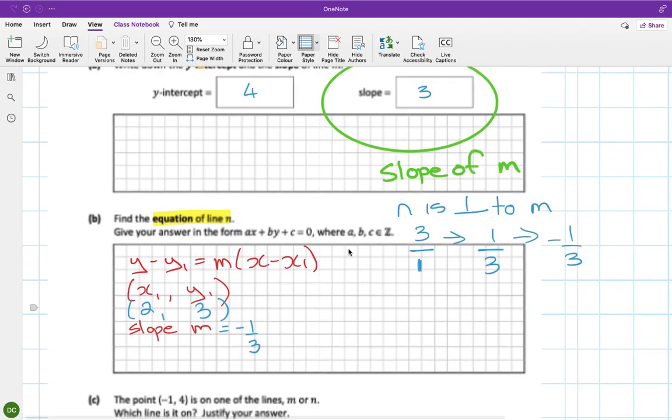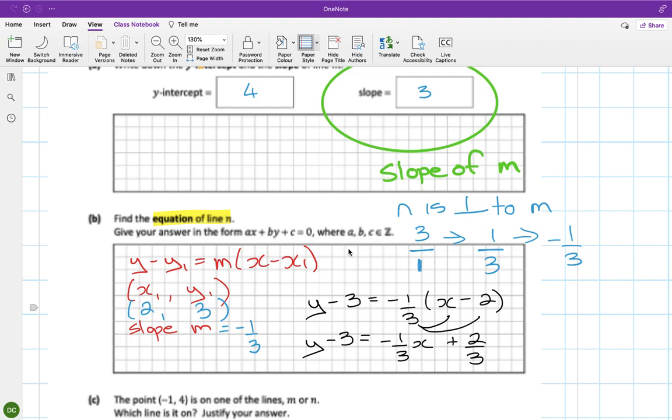And I just fill in my equation of a line. So y minus 3 equals minus 1 over 3 times (x minus 2). That gives y minus 3 equals minus 1 over 3 x plus 2 over 3.